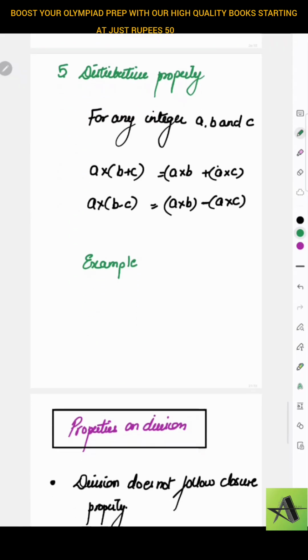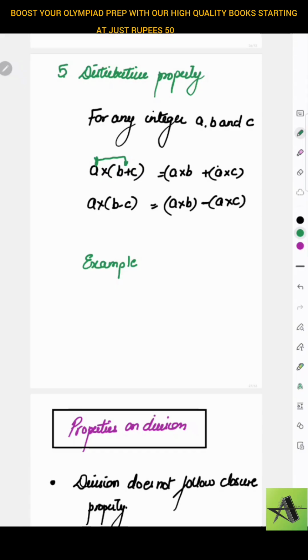Distributive property. So for any integer, if we have an expression like this, we can use this distributive property. Even in algebra, which is called expanding the bracket, we use this distributive property. If there is an integer outside, we have to multiply it with every term inside the bracket.